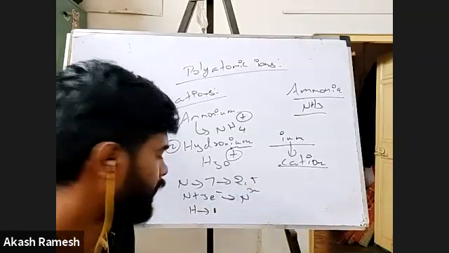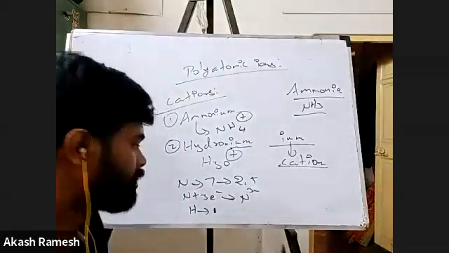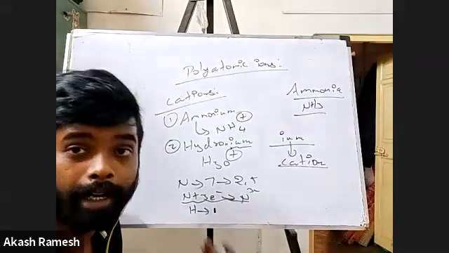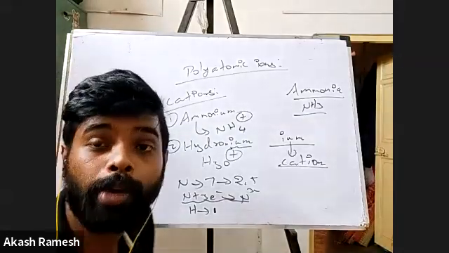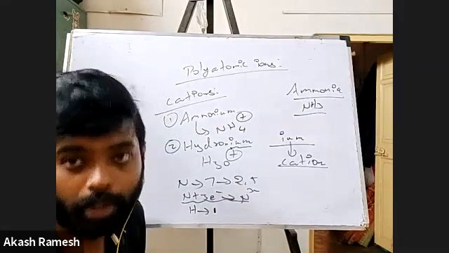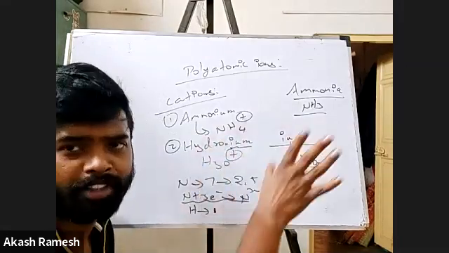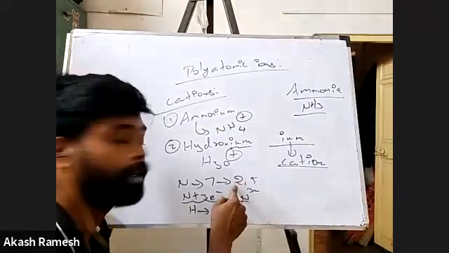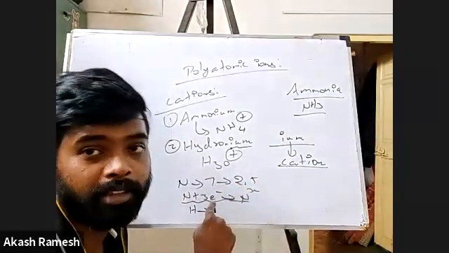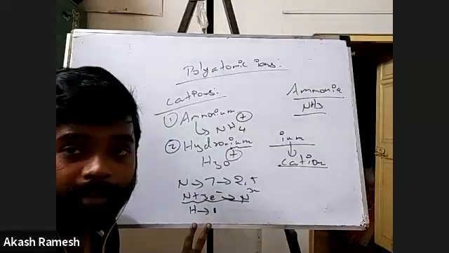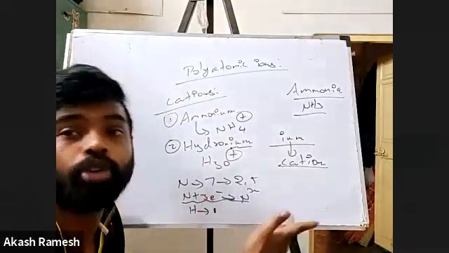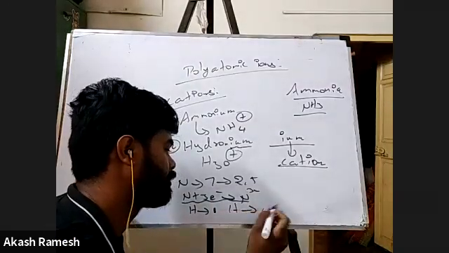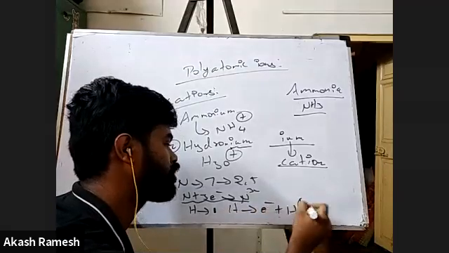But in this case, nitrogen has already accepted electrons. How do we understand which one accepts electrons and which one loses them? In this case we found that the easiest way to form an octet for nitrogen is by accepting 3 electrons. Obviously, the other one along with it should lose an electron. So hydrogen will lose an electron to form H plus.